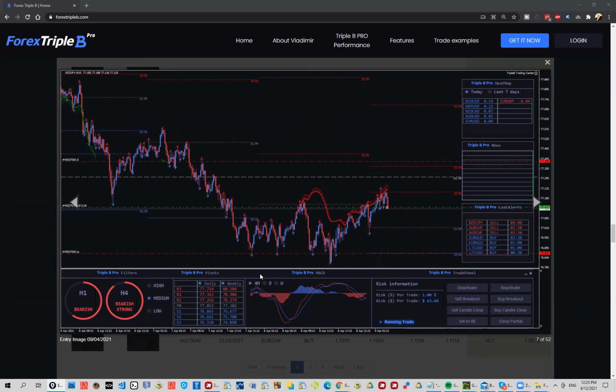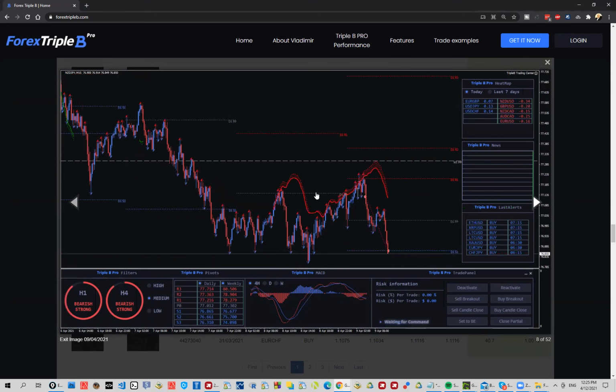What I would be calling it, if we had to talk structures, is probably some kind of a pullback here. Okay, definitely not an impulse. It doesn't carry the validations of a pullback, if we can put it this way.